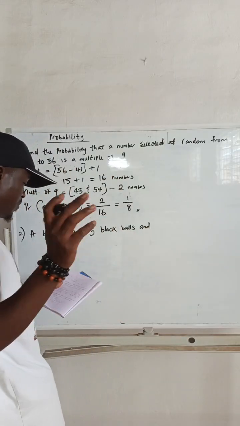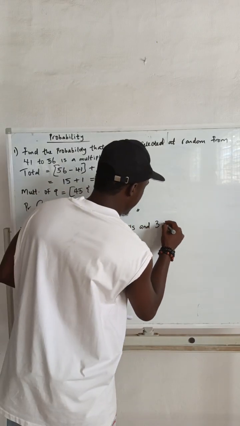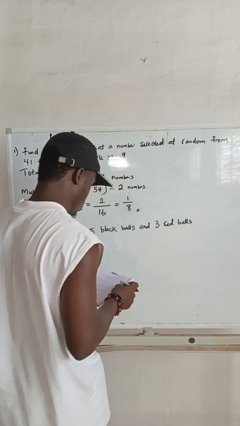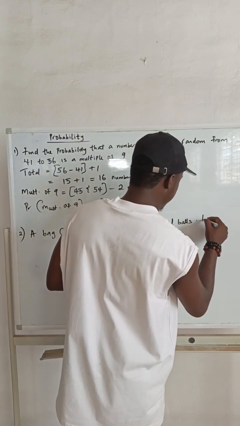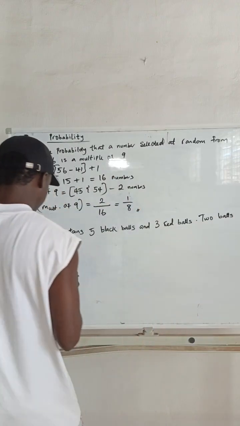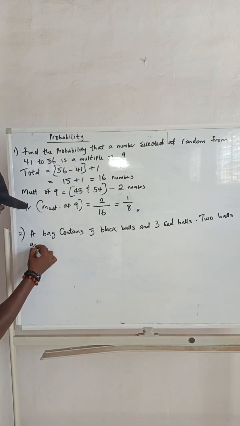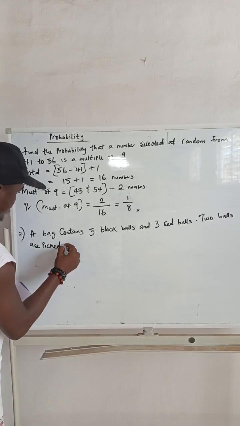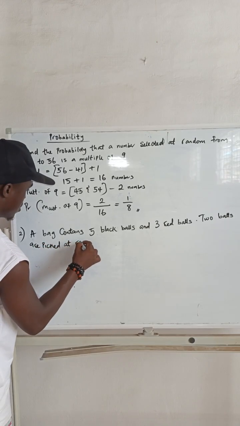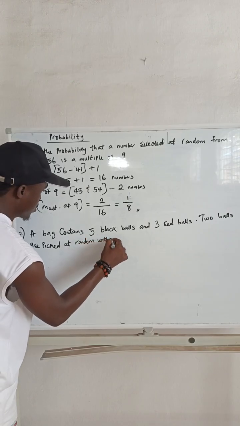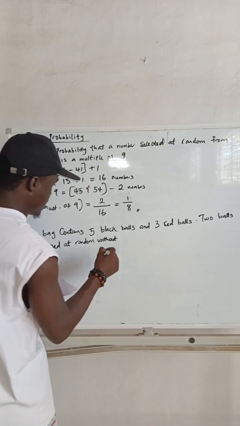A bag contains 5 black balls and 3 red balls. Two balls are picked at random without replacement.